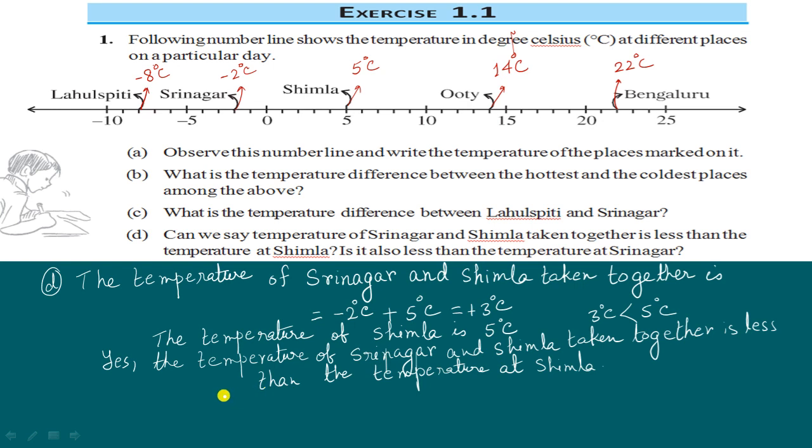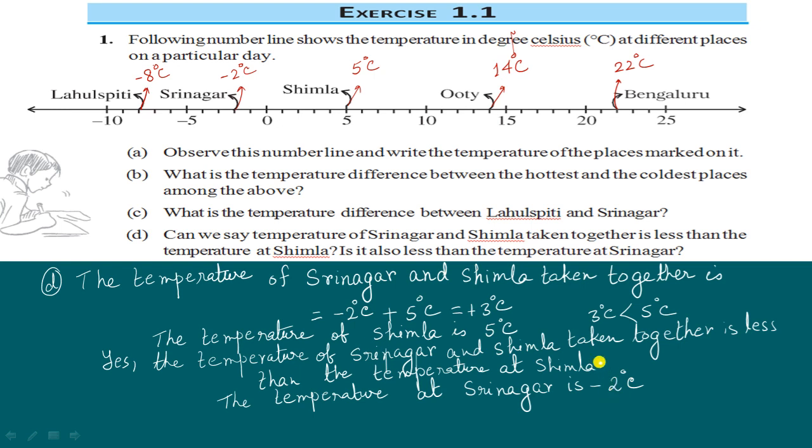Next question is, is it also less than the temperature at Srinagar? We will find the temperature. The temperature at Srinagar is minus 2 degrees centigrade. Now the question is, is it also less than the temperature at Srinagar?